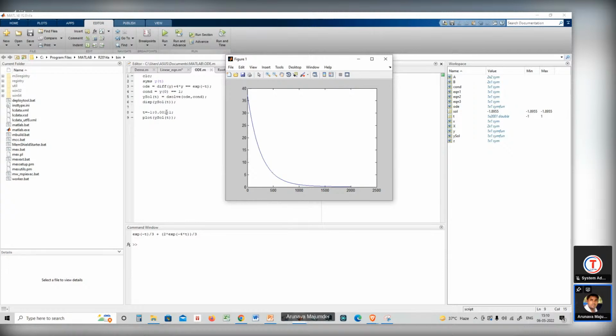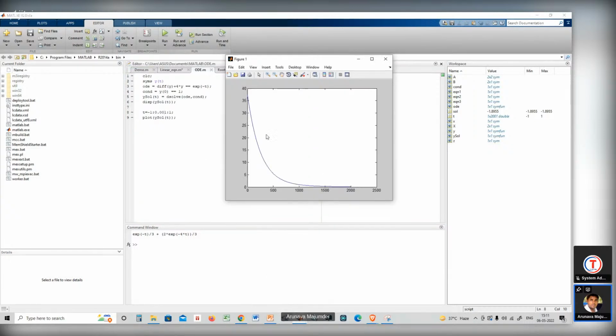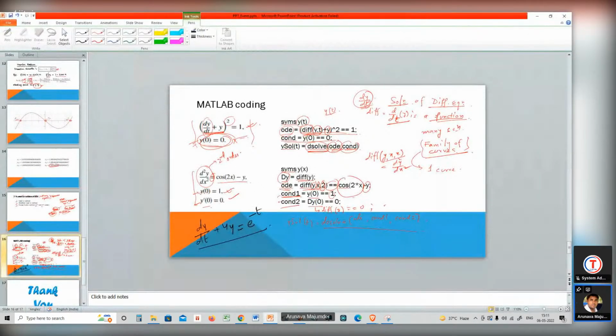If I decrease the distance between the mesh points, it becomes smoother still. So this is the particular curve. Now you can change this equation also. You can change the different types of conditions we use here. So let us use this function.